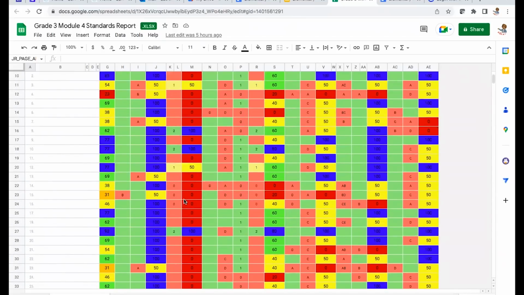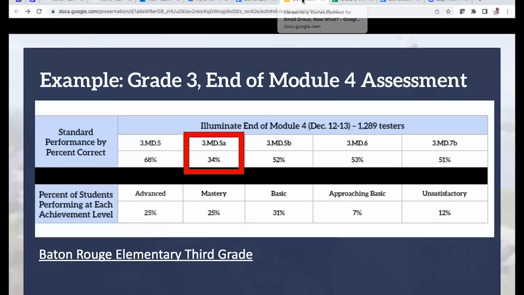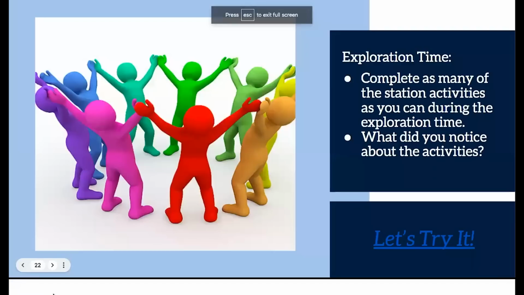And so again, I would still place them in small groups so that I can provide them with the support that they need. But this is where I would actually look at that data for how students performed on that particular standard to plan what's going to happen for each of those students based on their needs.